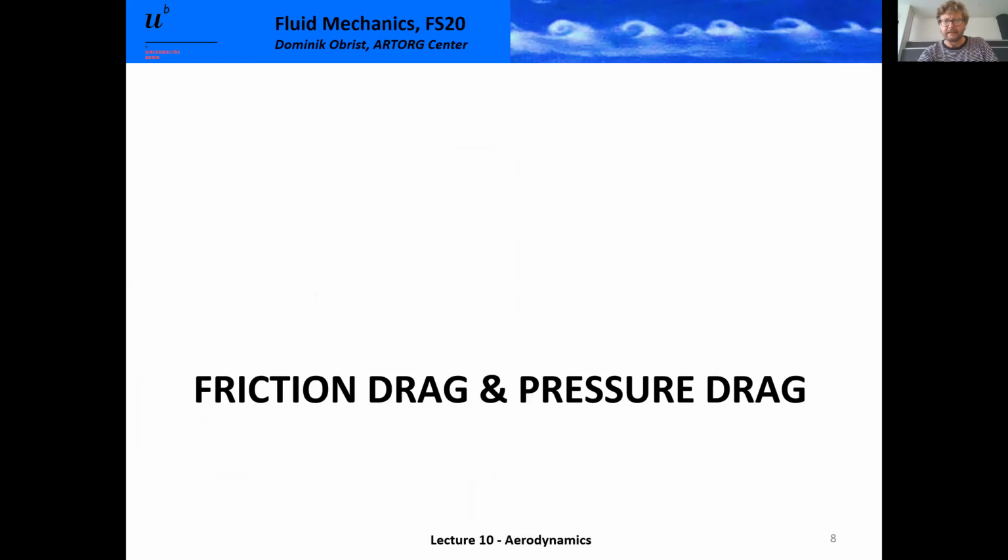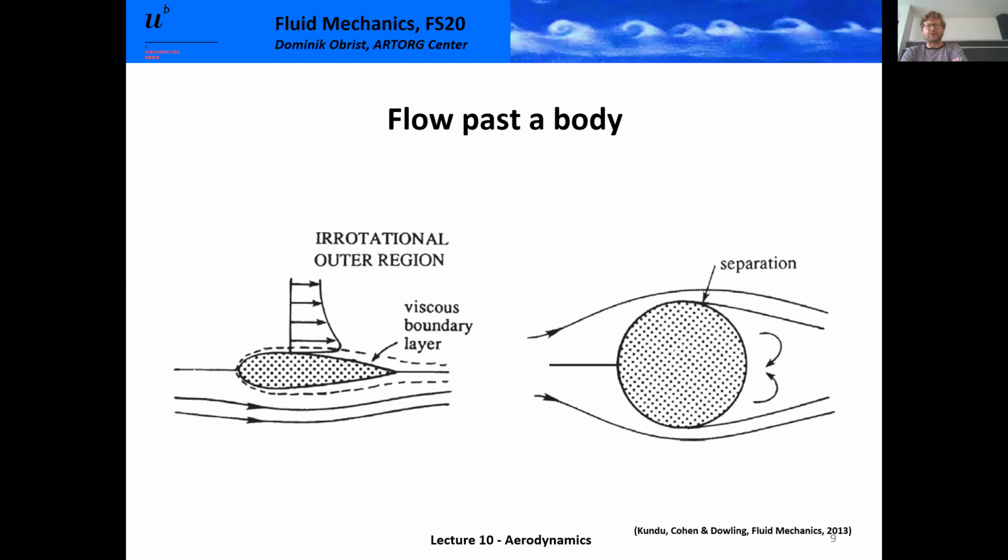So let us continue and try to understand a bit more where this drag is actually coming from. These are two pictures we had in previous lectures, mostly in the context of boundary layers and of potential flow theory. We see here on the left a schematic, again, of a flow around an airfoil, where we see illustrated the boundary layer, and we see our outer flow solution.